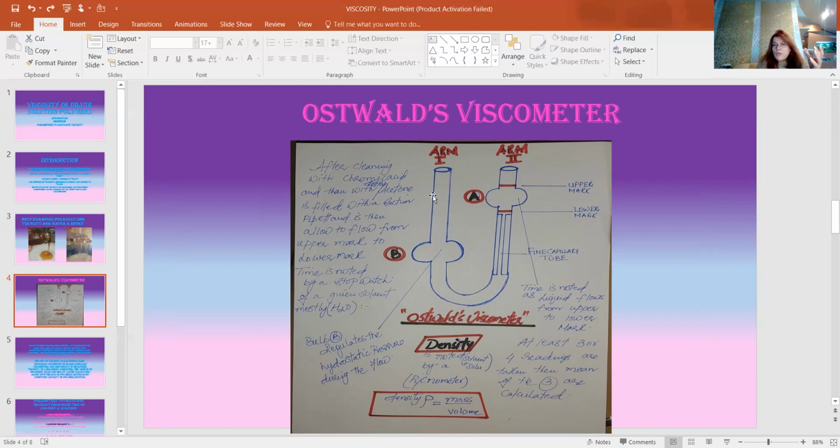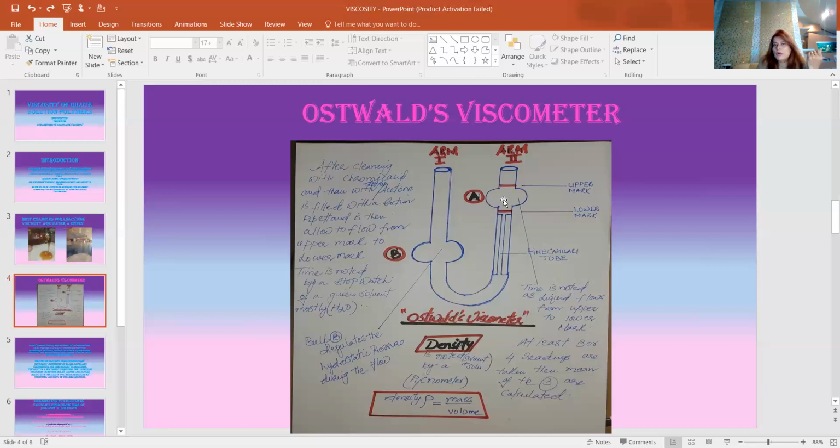This is how you're going to fill it. With the help of the suction pipette, you can fill the viscometer easily, and then the liquid is allowed to flow from the upper mark to the lower mark, and time is noted by the stopwatch for a given solvent. Mostly, of course, water is the solvent. So what does bulb B do?